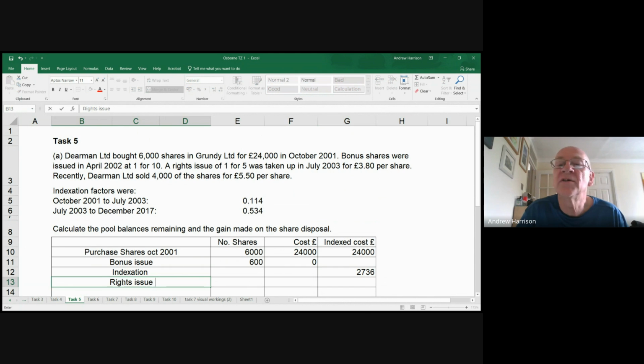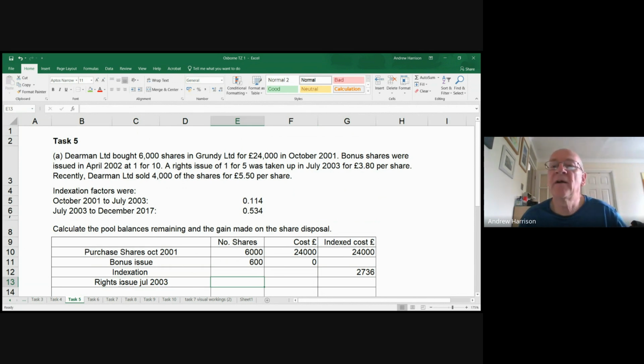The rights issue, July 2003. So they bought 1 for 5.